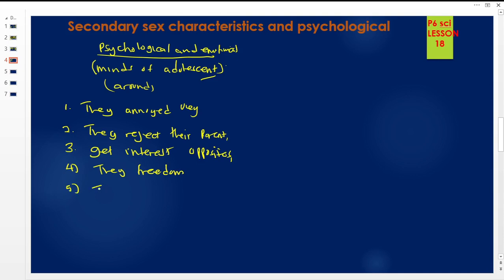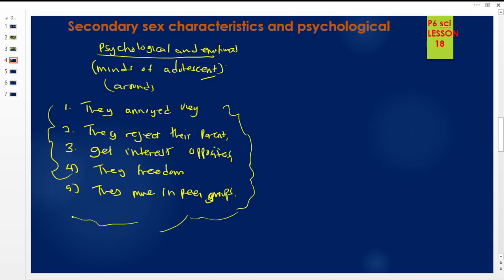Then five, they move in peer groups. These people don't notice that, but for us who are around them, we can tell that this person has changed in mind, and these changes taking place within the minds of these adolescents are what we call psychological and emotional changes.